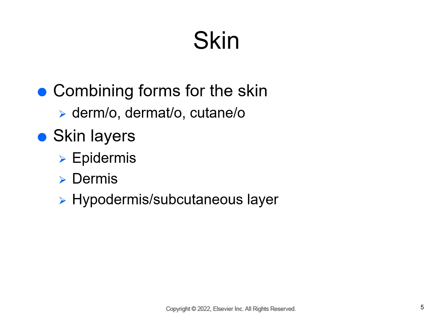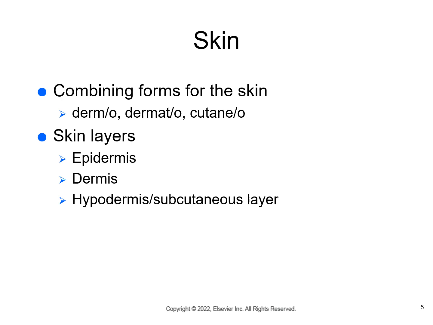The combining forms for the skin are dermo, dermato, and cutano, and you may see any of those used in reference to the skin. The skin's in layers, so the top layer is the epidermis, which epi means above or upon, and then the dermis refers to the skin.